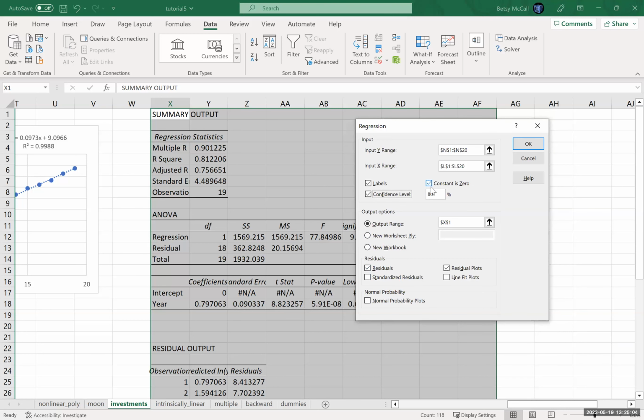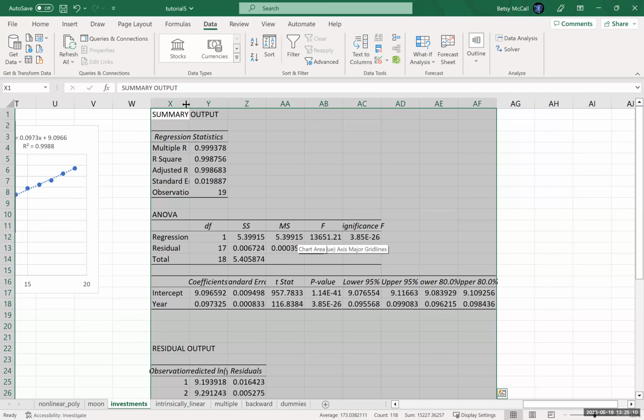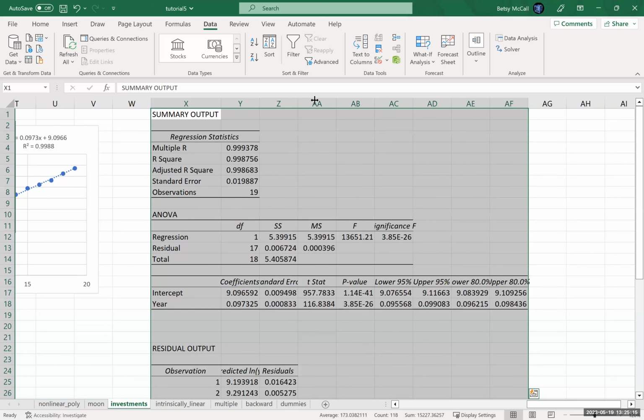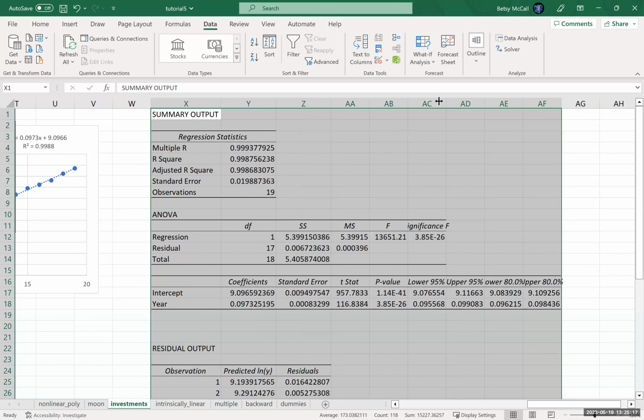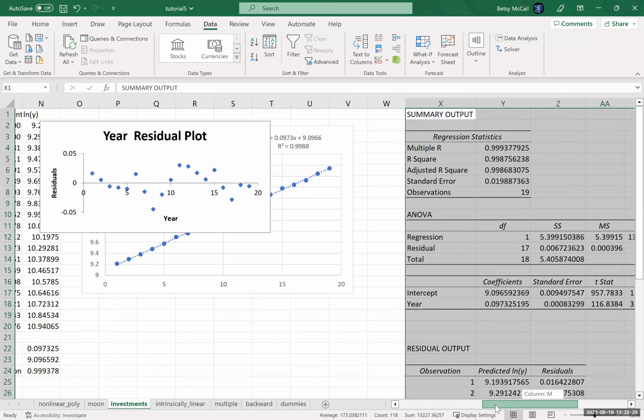I don't want to change anything except to turn the constant back on. Let's overwrite everything. That's good. All right. There we go. That looks better.